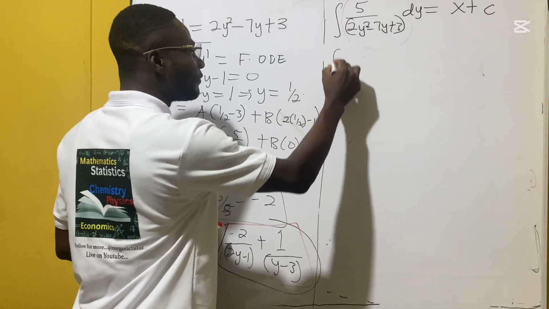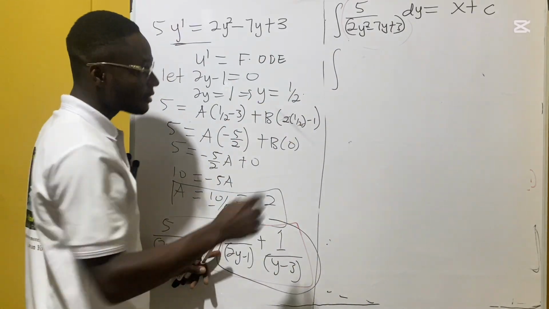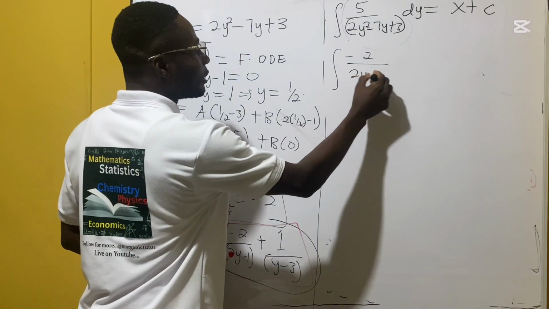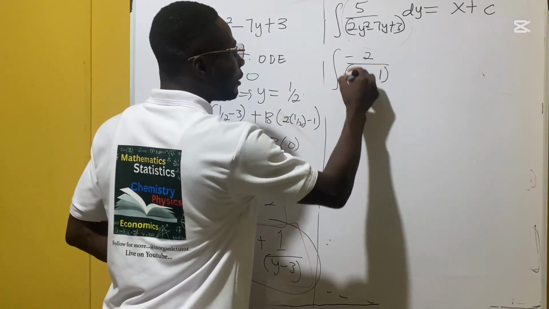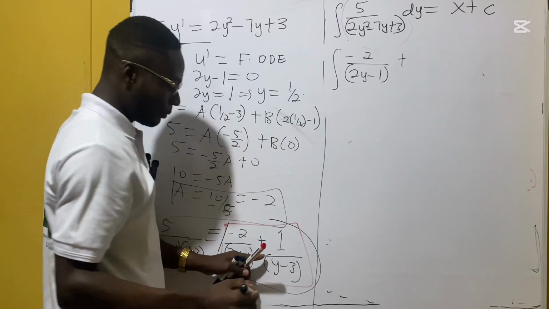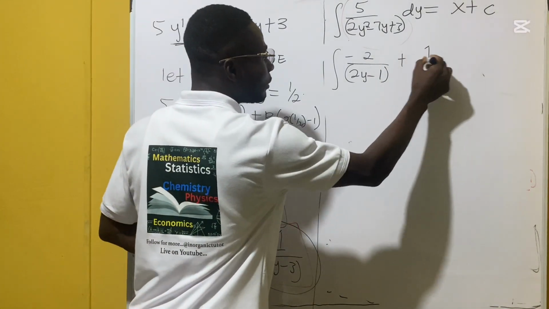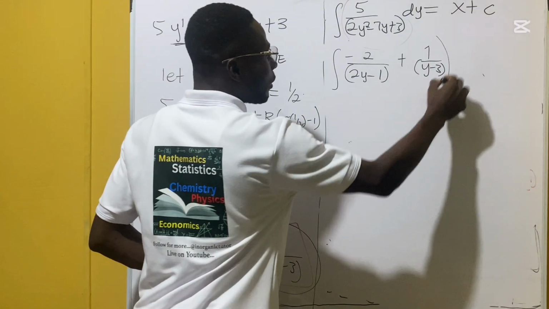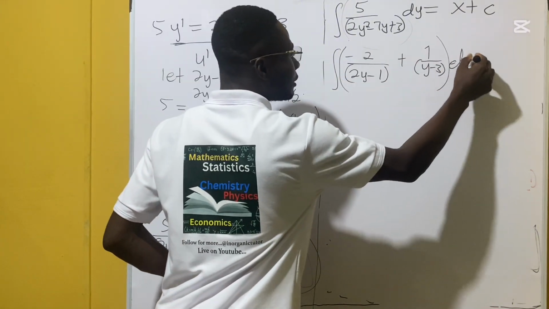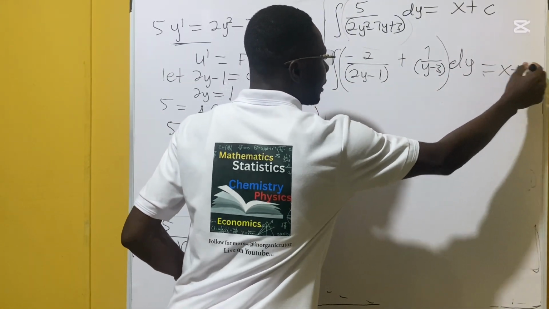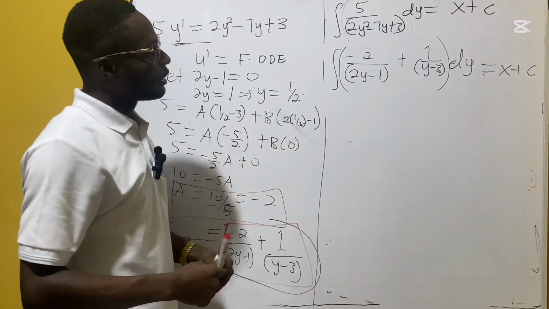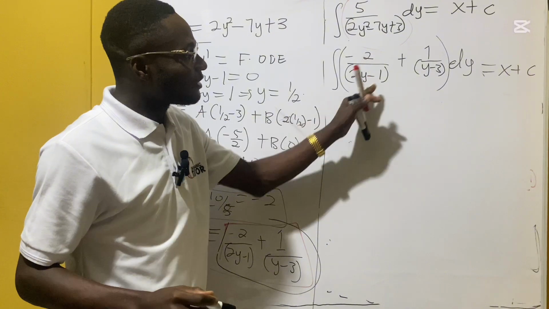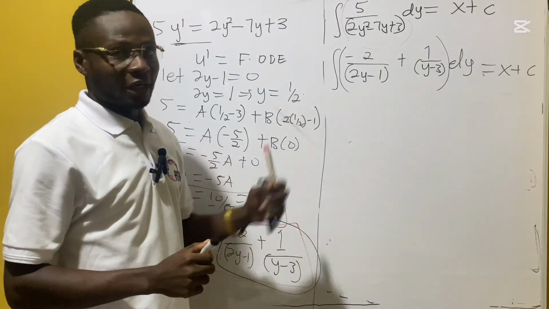So we have integral of negative 2 on 2y minus 1 plus positive 1 on y minus 3, dy equals x plus c. So now we can see that we can easily integrate this function in the bracket, right?